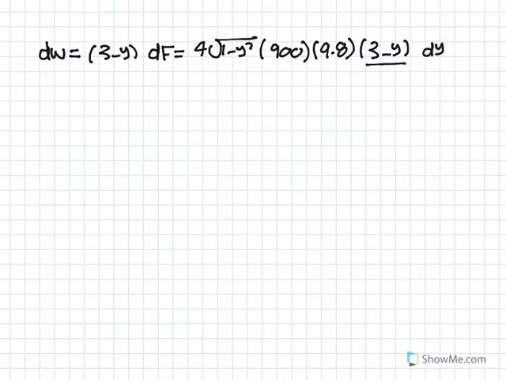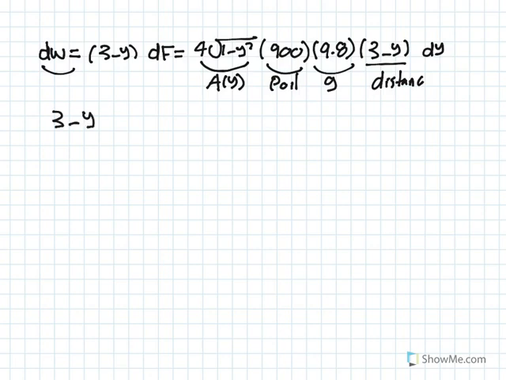Let's break this down. This part is the cross-sectional slice, the area of this rectangular slice. This is the density of oil. This is gravity, and this is the distance that the slice has to travel to the top. Very important to have the right setup. So dW represents the work required to pump out this rectangular slice of oil 3 minus y meters through the outflow pipe.